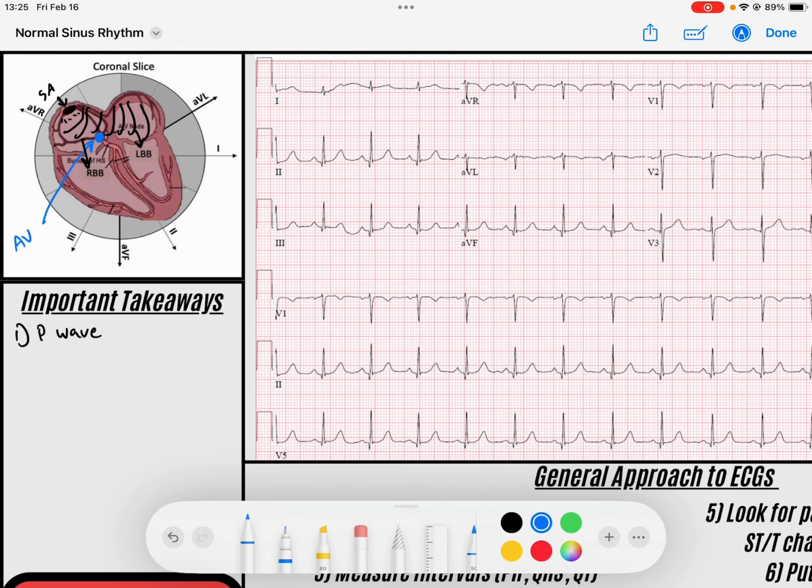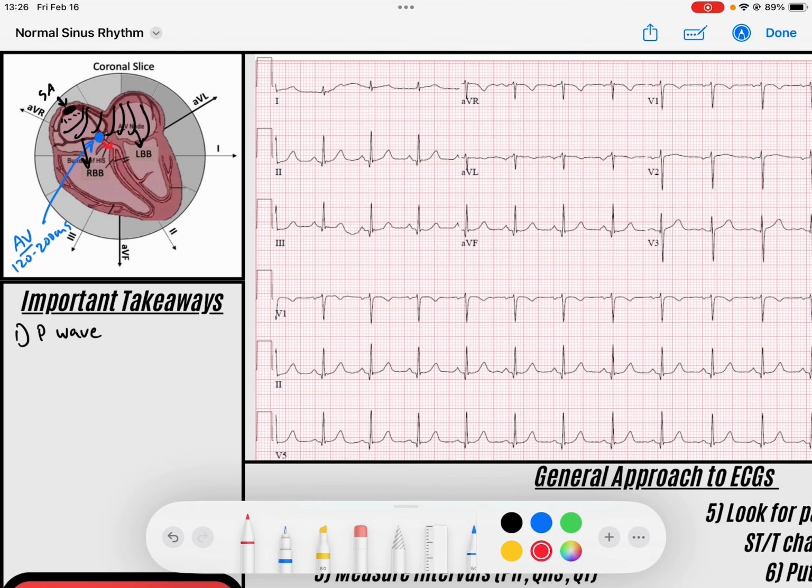And so the AV node delays that signal by 120 to 200 milliseconds, which is 3 to 5 little boxes on the ECG. The AV node delays that signal so that the ventricles can fully fill with the atrial contraction. And so when the AV node finishes that delay of signal for 120 to 200 milliseconds, it then passes the signal down into the ventricles.